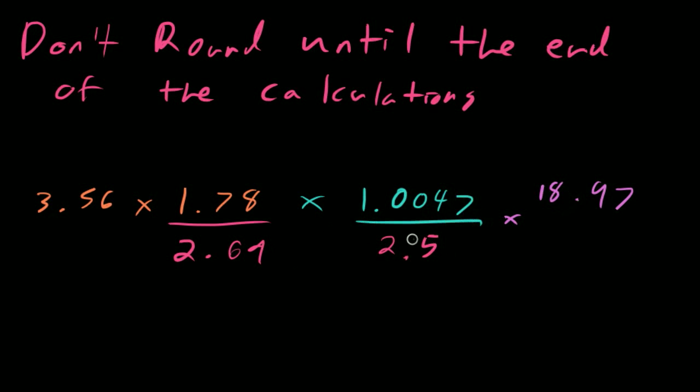Based on this information, how many significant figures is my final answer going to have? We're just multiplying and dividing, not adding and subtracting, so we don't have to worry about where our decimal point is. All we have to do is count the significant figures and take the least amount.